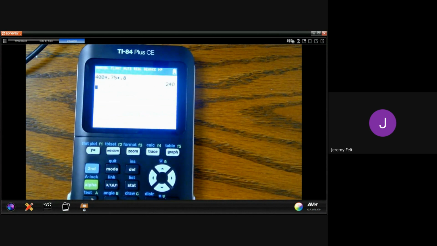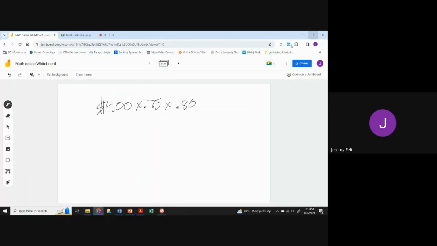And we get $240. Because again, it's 80% of this new price, not 80% of 400. We took 75% or 25% off, 75% of the original, and we took 80% of that new price to get to $240.